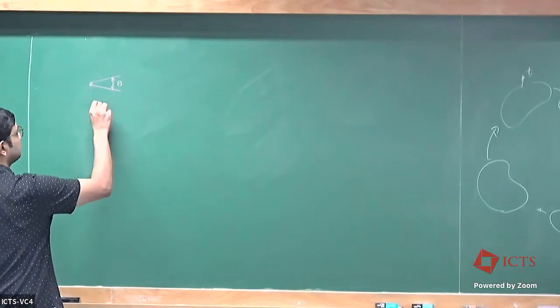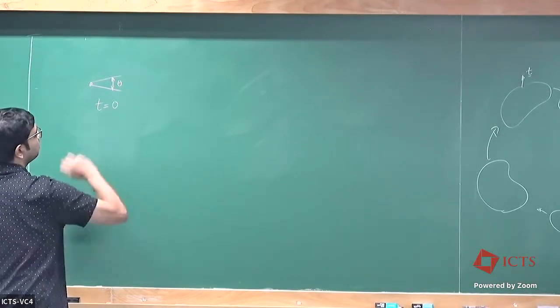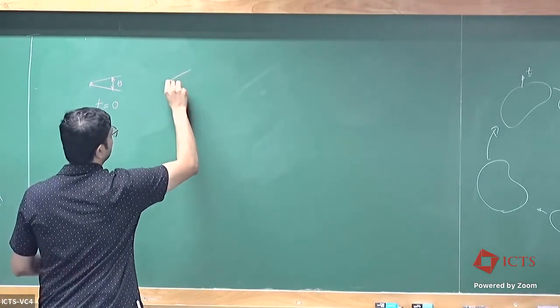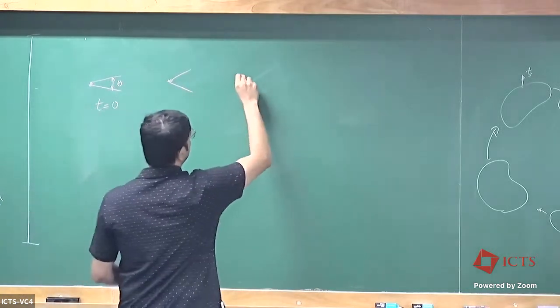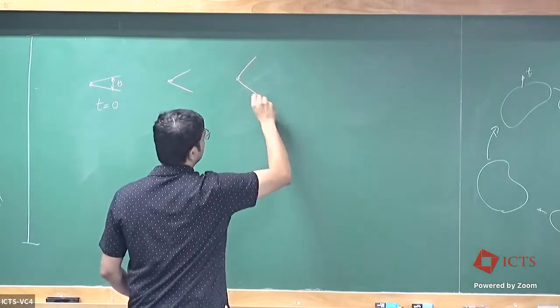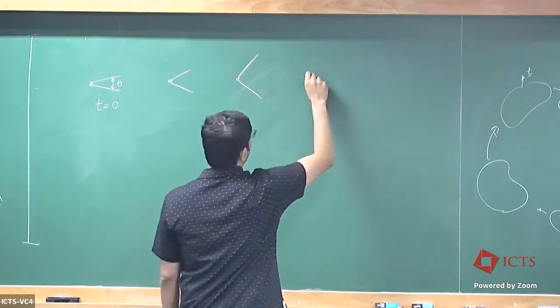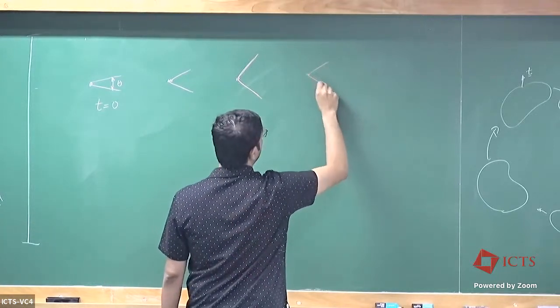Suppose this is time t equal to 0. Next time it becomes like this. Next time it becomes like this. And now you come back.